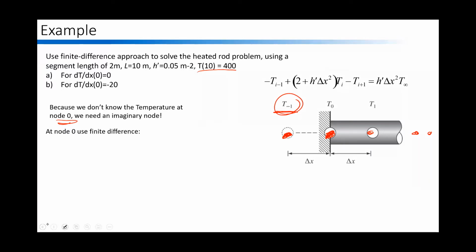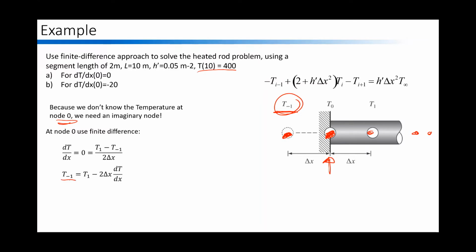So at node 0, we can use our finite difference. We can say dT/dx at 0 is equal to (T1 minus T minus 1) over 2 dx. That's just my condition.